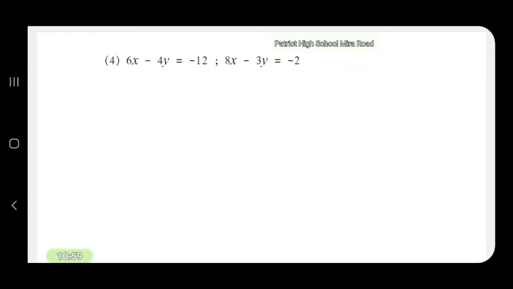Writing the second equation below the first, we have 8x minus 3y is equal to minus 12. Therefore, d is equal to the coefficients of x and y, the first column and the second column.